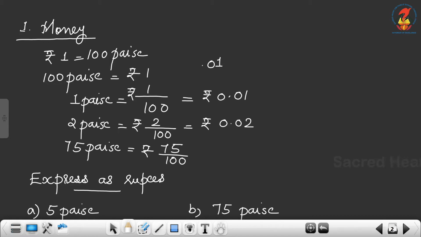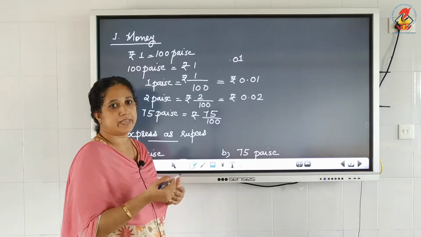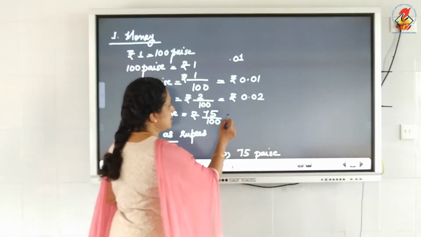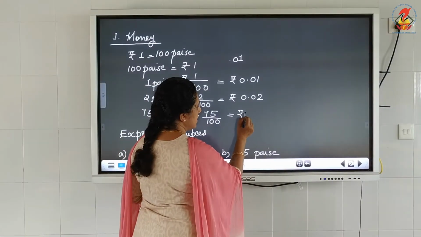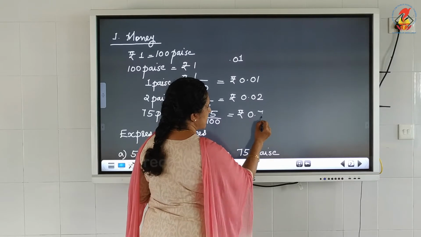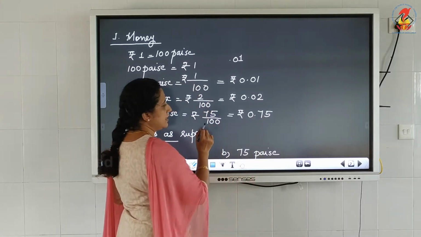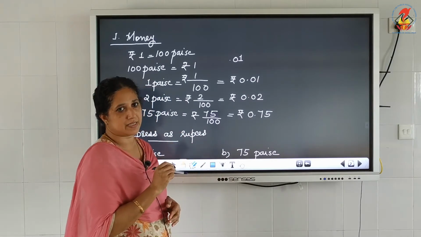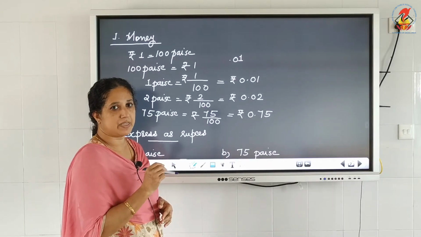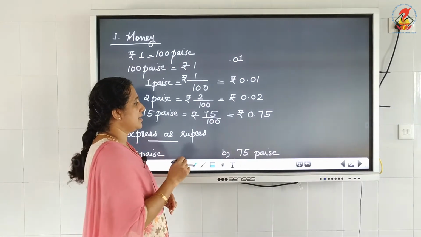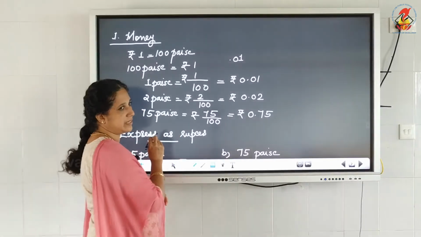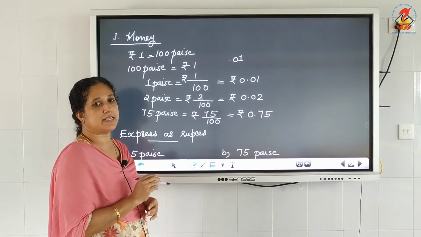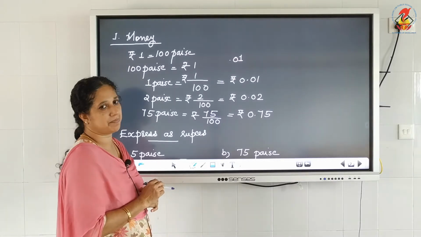How can we write 75 by 100 in decimal form? It is rupees 0.75. Now look at that. In the decimal part, we have 2 places, and depending upon the given number, you have to get 2 places in the decimal part.